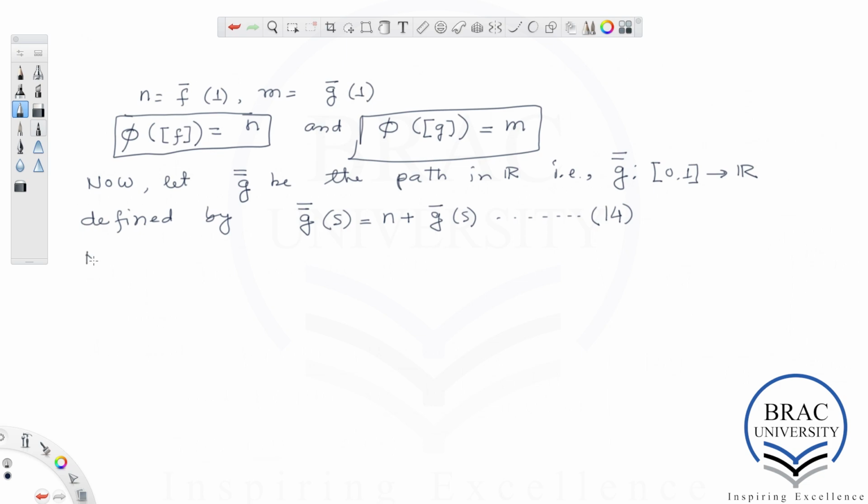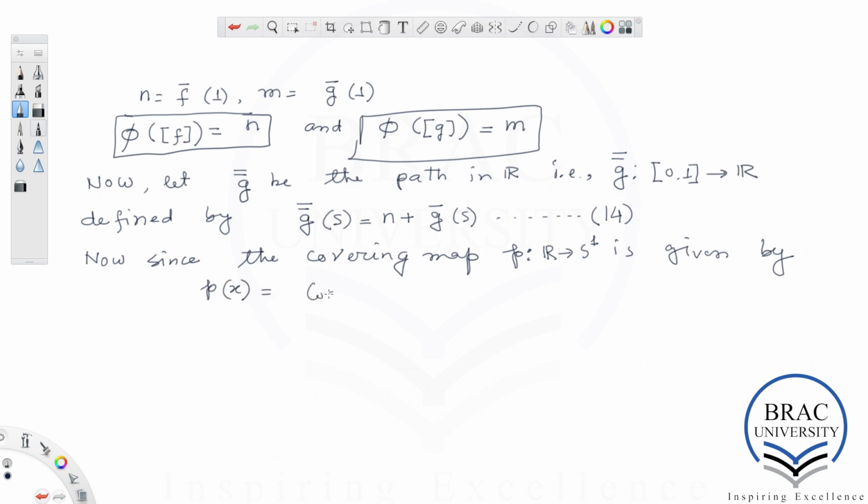Now since our covering map P from the set of real numbers to the unit circle is given by P of x is equal to cosine 2 pi x, sine 2 pi x, from the property of trig functions, one immediately finds that P of n plus x is equal to P of x.